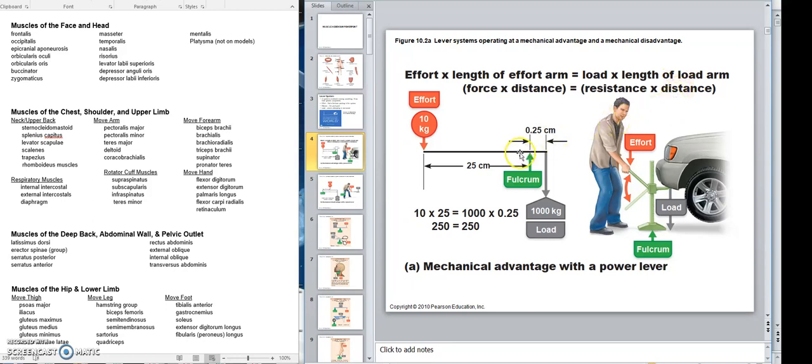You always look at the fulcrum and measure how far the effort distance is versus the load distance. The further out the effort distance, the more mechanical advantage, but the less range of motion. See here, with a jack, you have to keep going up and down because you have a long lever and this is short.